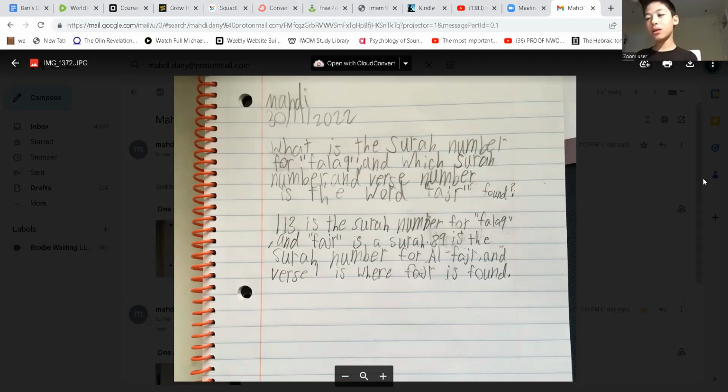Is one the evening, the other one the dawn? No, they're both the very beginnings of the new day. But I want you to tell me from your study, and you have to ask people about it. And if they don't know, then ask them to help you look it up, and then come back next week with the answer to what is the difference between Falaq and Fajr.